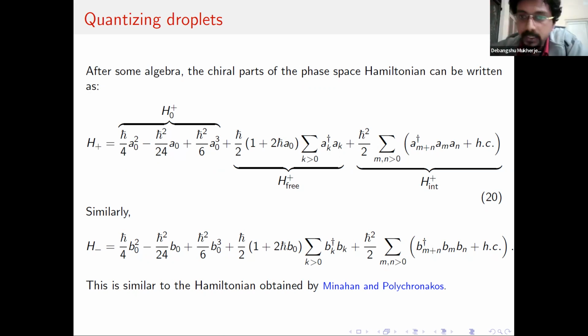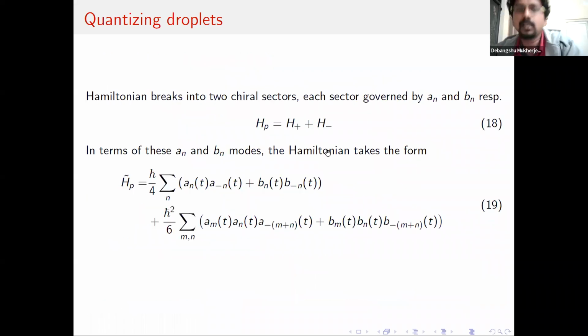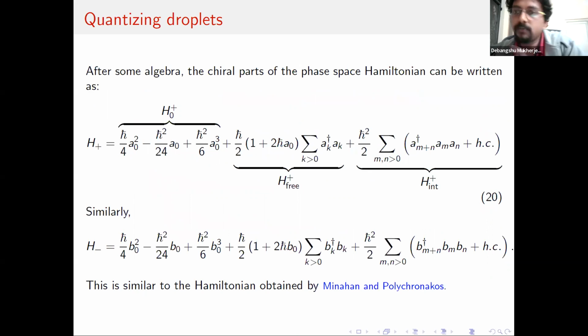The way to do it is that, starting with these fields, P plus tilde and P minus tilde, you can define certain operators from there. In fact, they look very much like vertex operators. And you can define certain fermionic objects using these P plus tilde and P minus tilde. If you mode expand these fermionic wave functions, you will get a fermionic algebra, a Grassmann-like algebra.